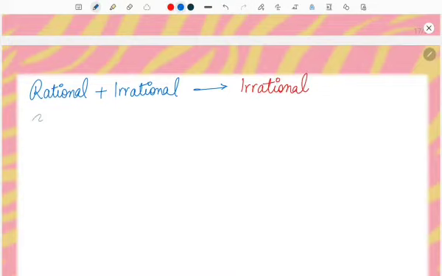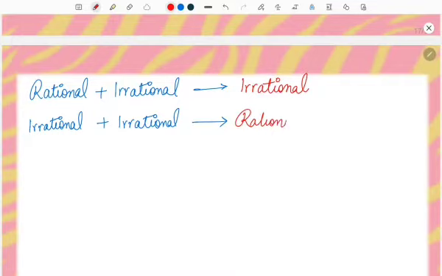Now if you have two irrational numbers, and you perform addition, subtraction, multiplication or division on these numbers, the answer you are going to get can be either rational or irrational. I hope I am clear till here.